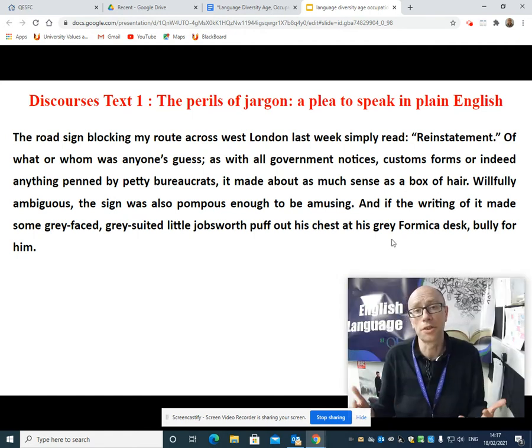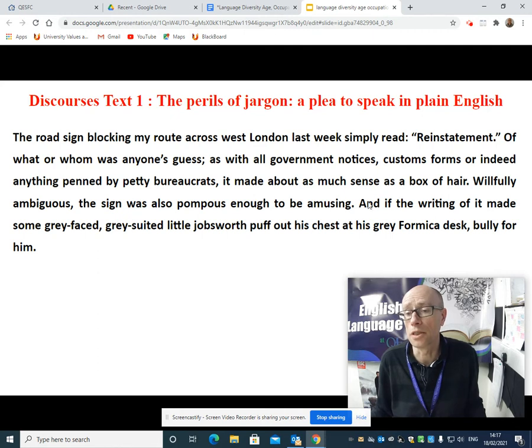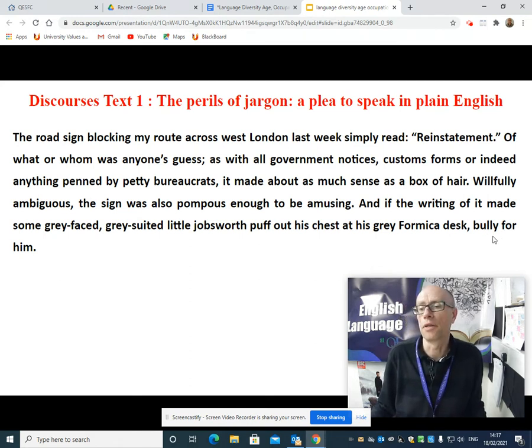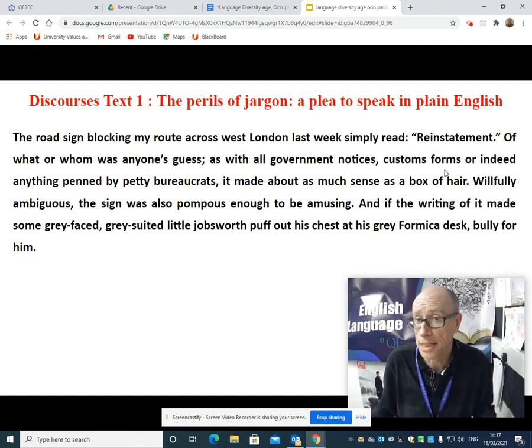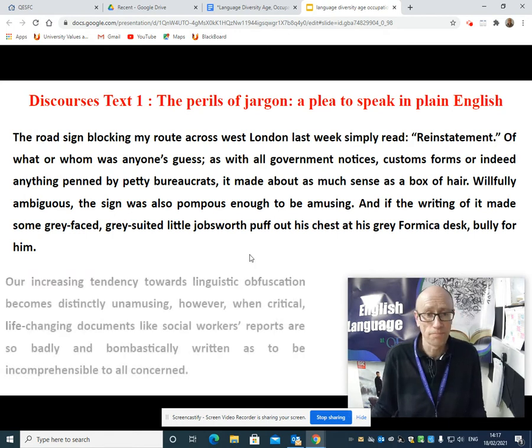Notice the conversational style we've got, so the sentence begins with a coordinating connective, and. Okay, and it's using a kind of idiomatic expression at the end of the paragraph, bully for him. So there's lots of humour going on, but it seems quite a strong, negatively pejorative representation of anybody who might be deemed to be using jargon.